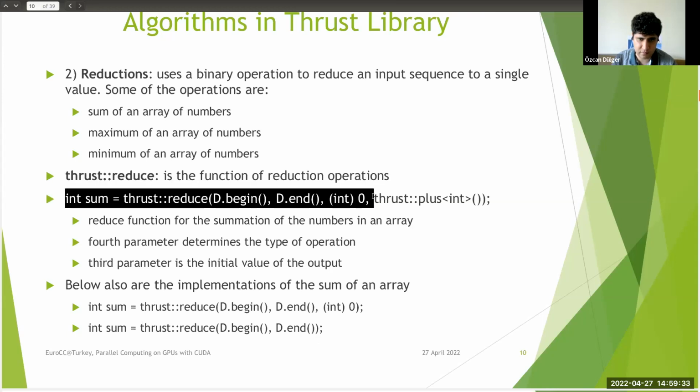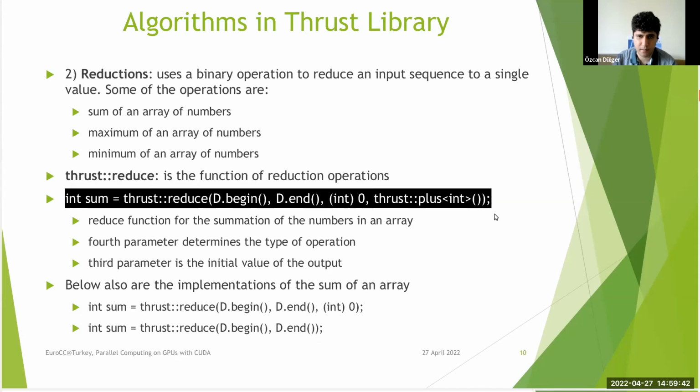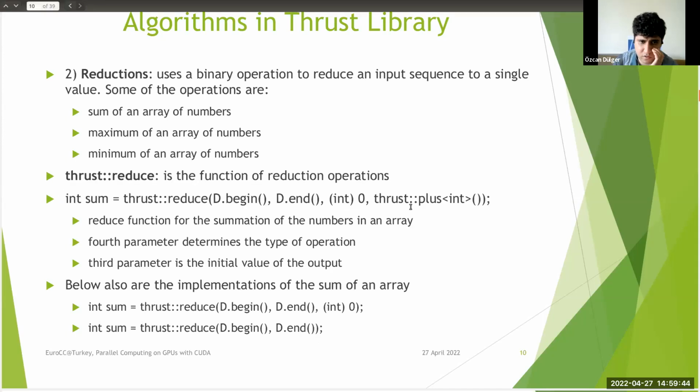This command does a parallel reduction to sum all of the elements of an array. It has 4 parameters: the beginning of the sequence of numbers, the end of the sequence of numbers, the initial value of output, and the operator. The operator is addition here, as you see.